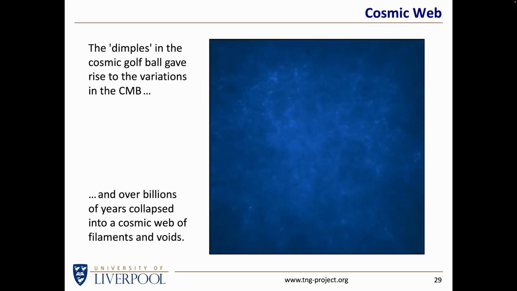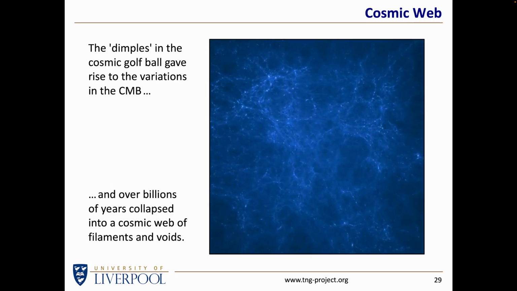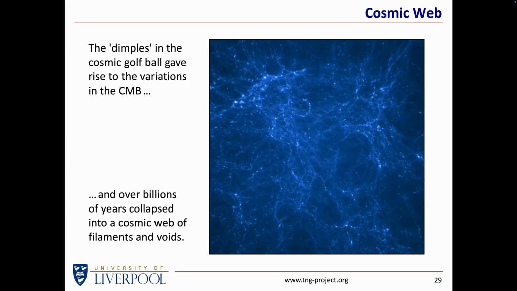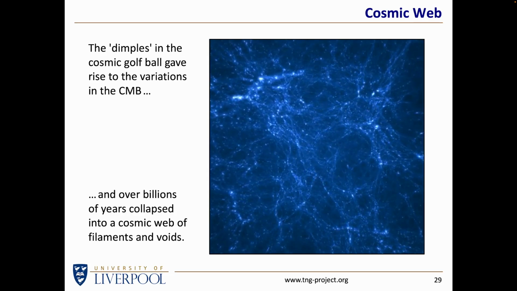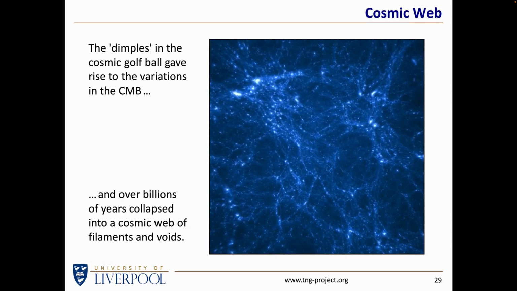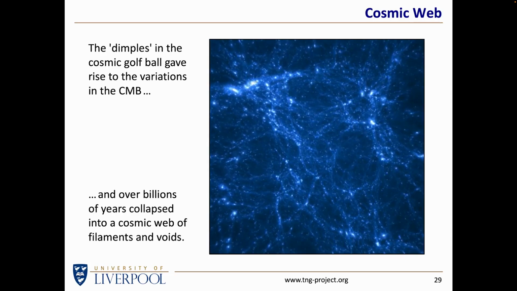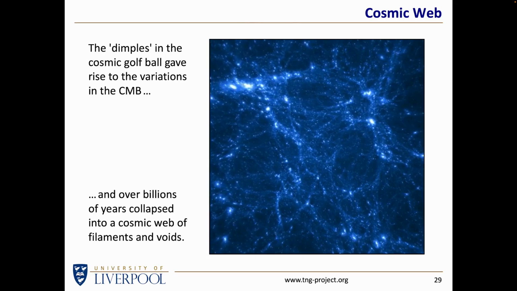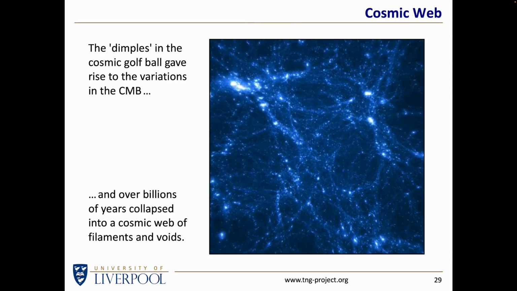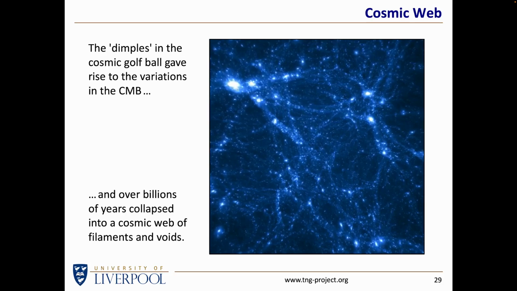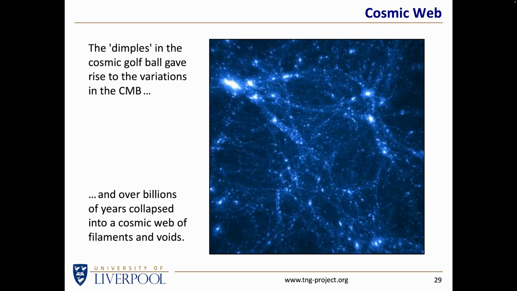If we run the simulation, we see that gravity makes the dense parts denser and the less dense parts less dense. Here, the white regions are the more dense regions. We see that we're starting to get not a uniform distribution of white dots. We're not seeing a uniform distribution of galaxies.